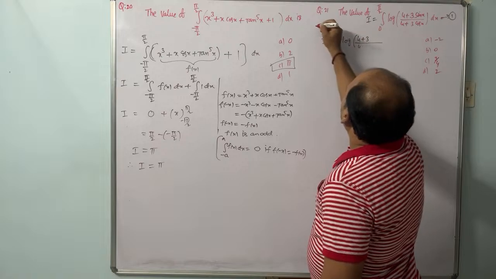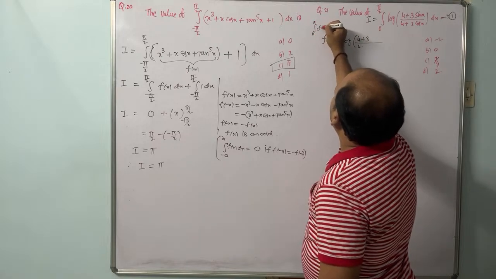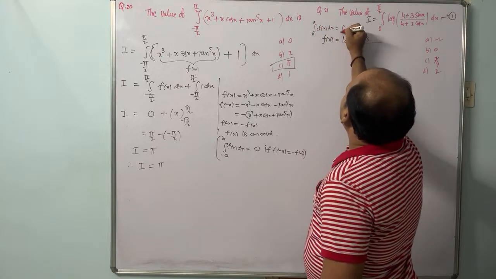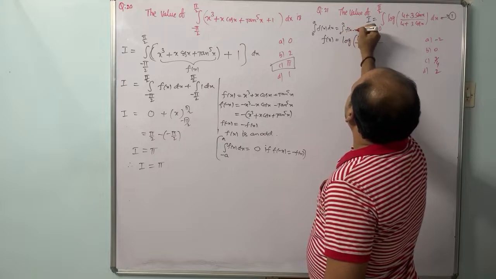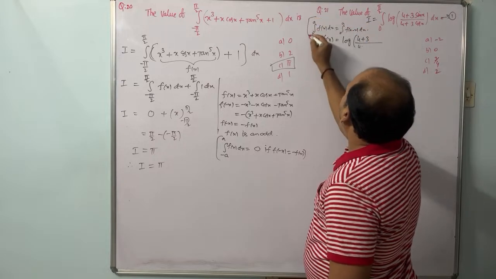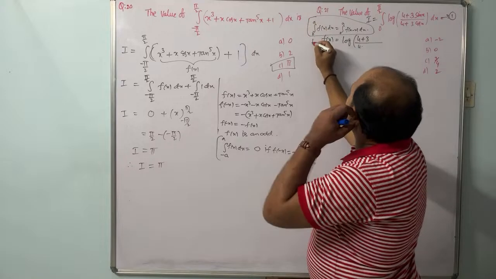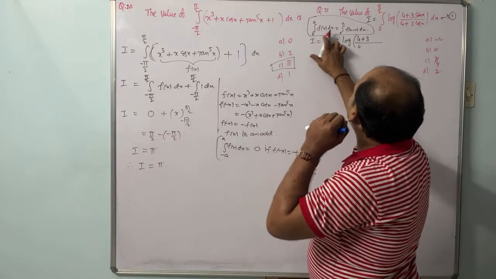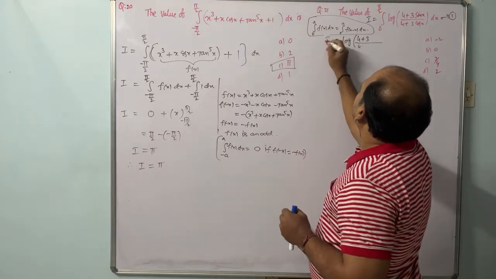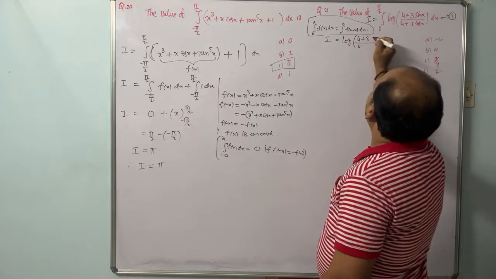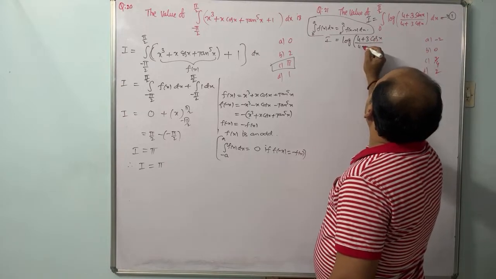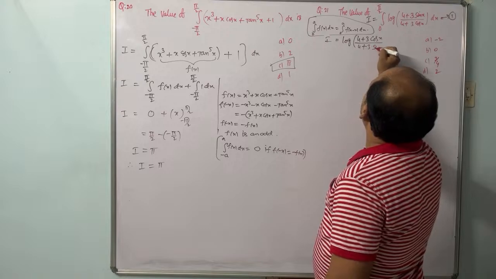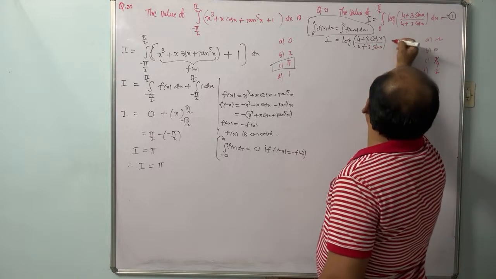So by using the property integral 0 to a f of x dx equals integral 0 to a f of a minus x into dx, if you apply, it becomes I equal to log of 4 plus 3 cos x by 4 plus 3 sin x, since sin of pi by 2 minus x is cos x, and cos becomes sin x, dear students.